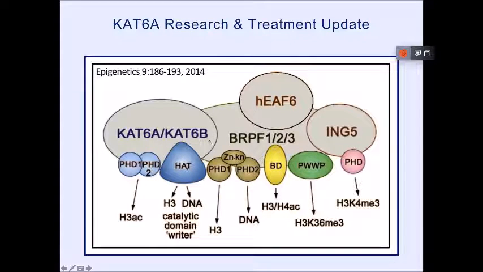And one of the more important ones is called HAT, which stands for the histone acetyltransferase. And this is what adds the acetyl group to the histone. And it specifically interacts with the H3 histone, and other enzymes or other proteins interact with other histones.